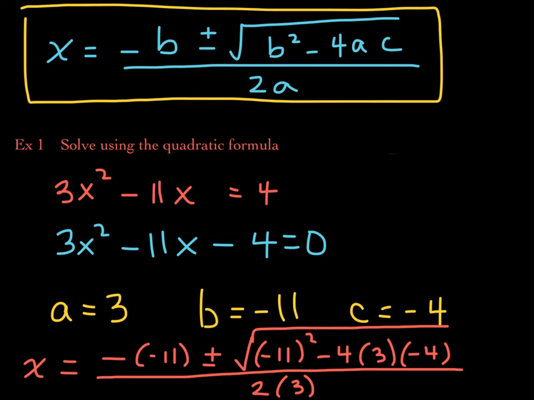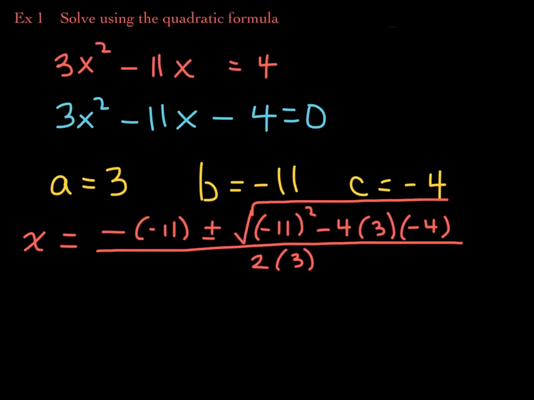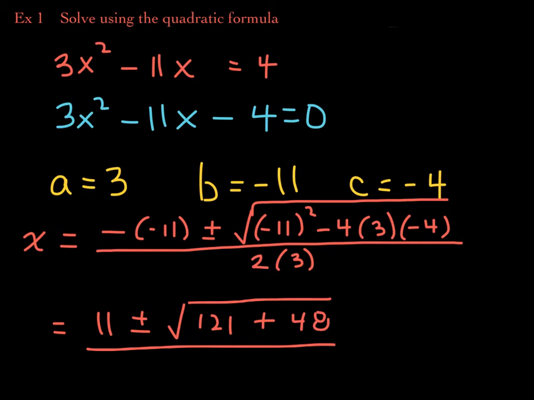That was me basically just plugging in my a, b, and c values into this formula very, very carefully, okay? It's very important that you're careful with your signs here. So you're getting positive 11 out front, plus or minus the square root of negative 11 squared, which is 121. Plus, I always count my signs. So 1, 2, right? 1 for this term here, 1, 2 negatives will give me a positive. And then 4 times 3 is 12. 12 times 4 is 48. All of this over 6.